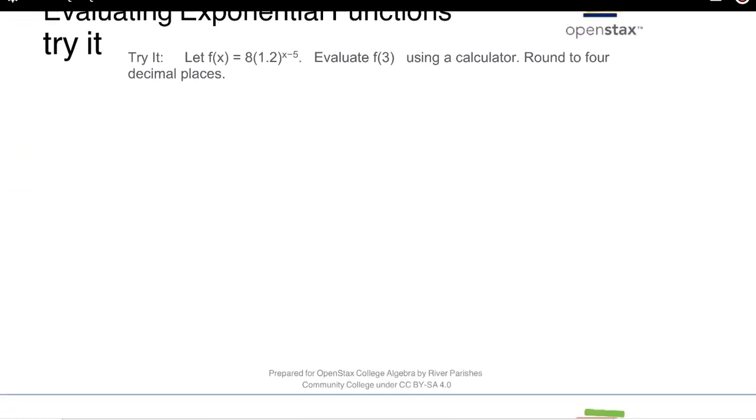Alright, so let's look at this one. F at 3 for 8 times 1.2 to the x, which is really 3, minus 5. Oops, I wrote this wrong, didn't I? Let me fix that. Minus 5 right there.